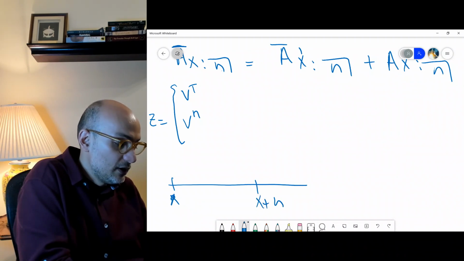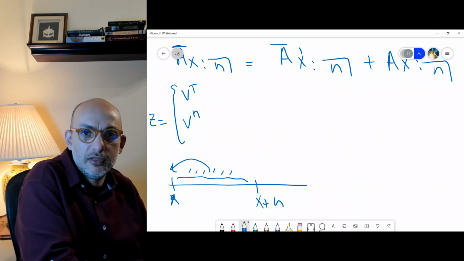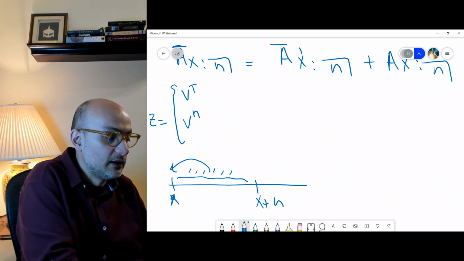If $1 is paid at time of death, time of death is T, then we have v^T, if T is less than or equal to n.